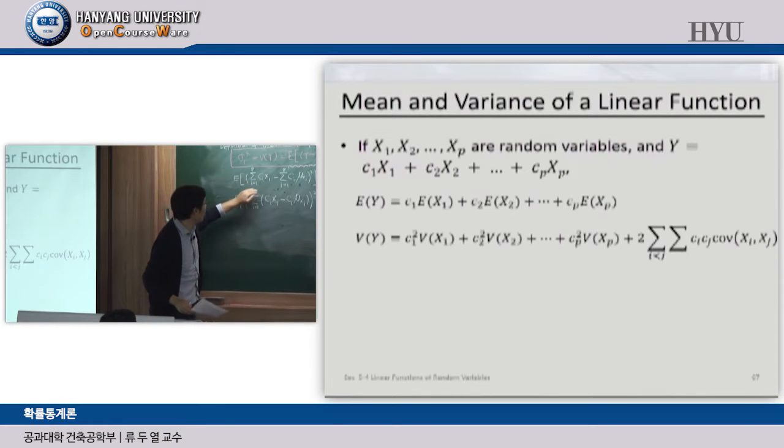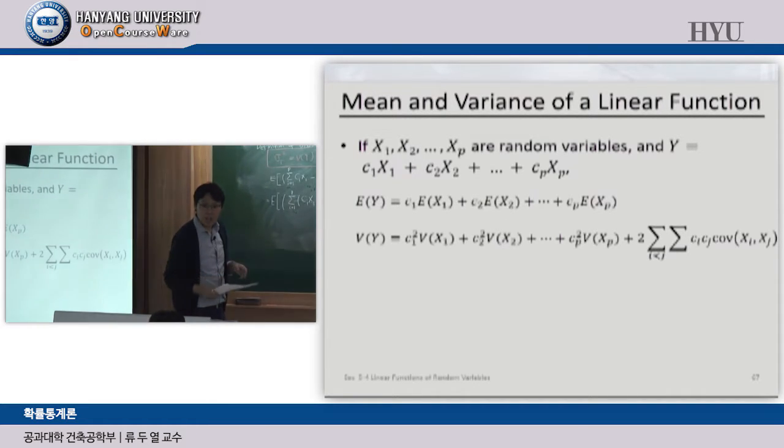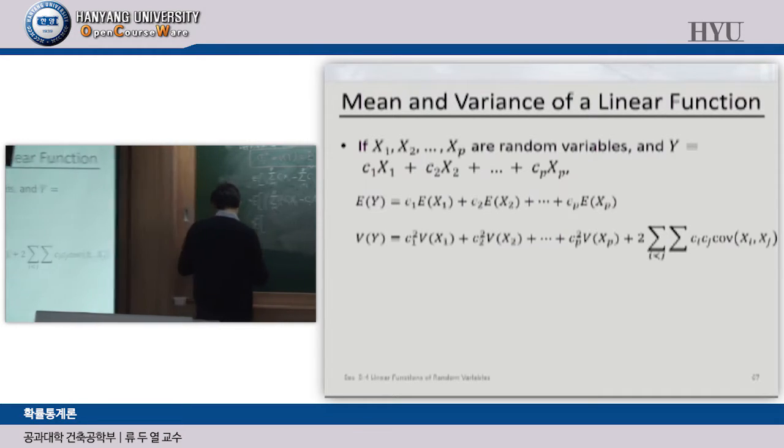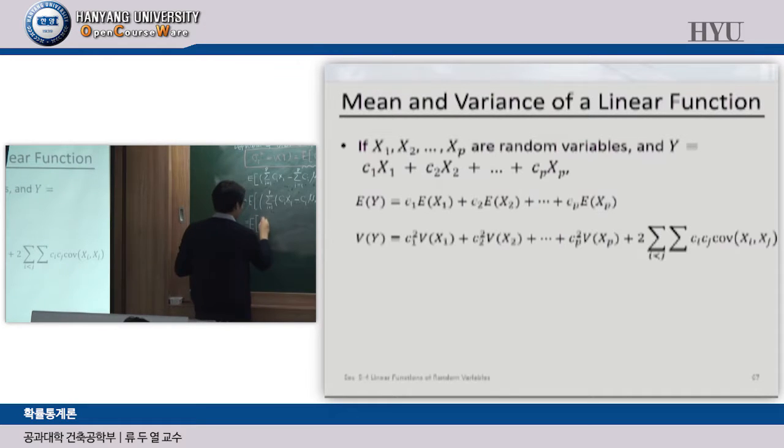Because this is the same formulation, summation, this can be written as this equation. And that is equal to E of the summation of i from 1 to p of Ci times (Xi minus mu Xi), squared.